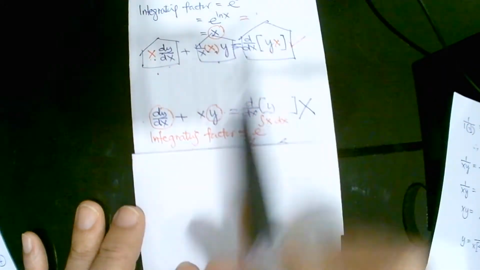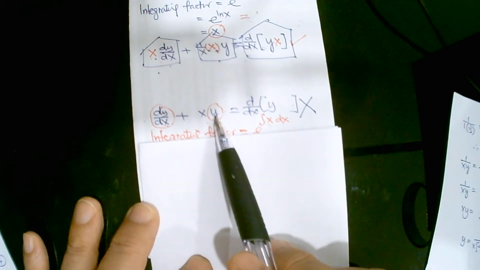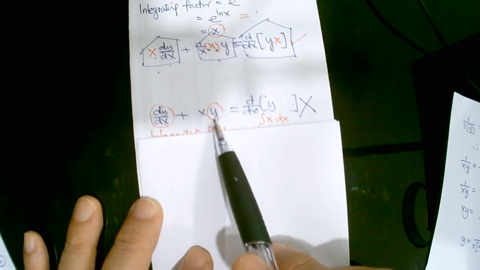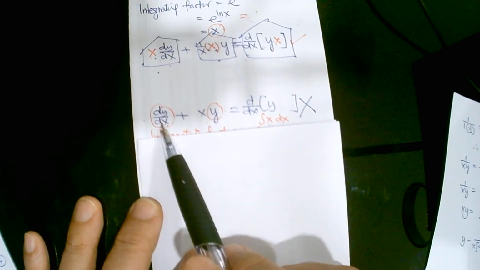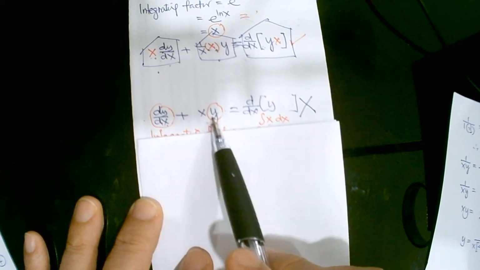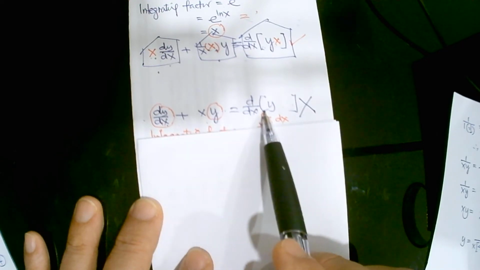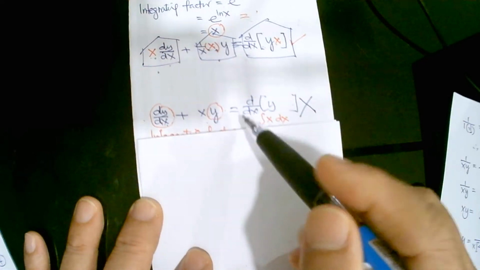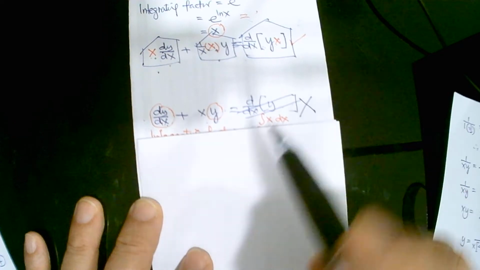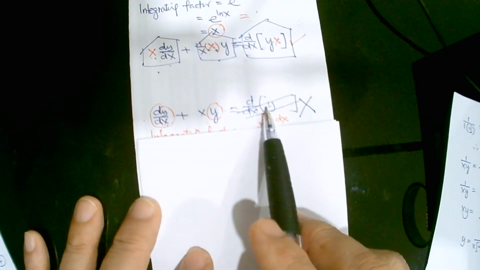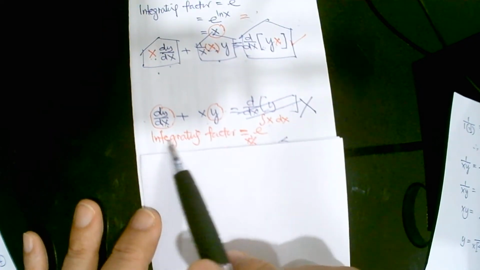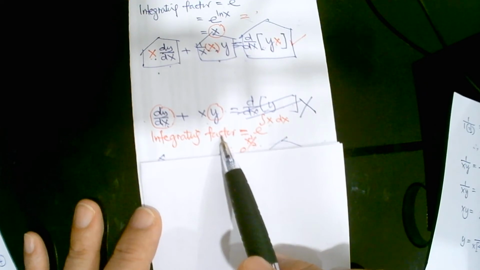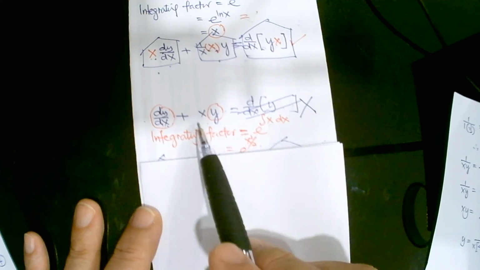Okay, now another one. Here, also linear. Linear because I look at the y and dy/dx. So this is linear, but I cannot write like this. You cannot combine like this. This is wrong because you don't have the integrating factor. That's why the integrating factor is very important in this part. So how to find the integrating factor?